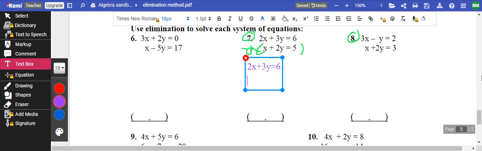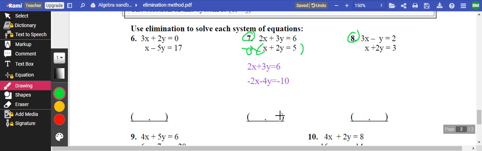And then the second equation, remember I'm multiplying each of these things by negative 2. It's like the distributive property. So it's negative 2x minus 4y equals negative 10. And now I'm adding straight down.